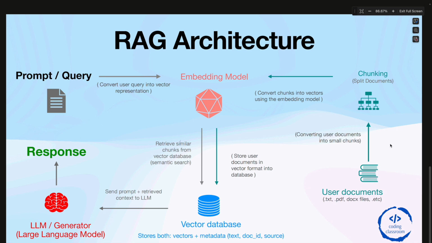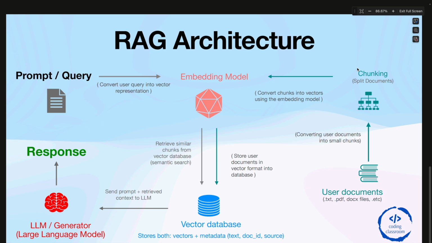So once again, let's go through the complete flow. When the user uploads the documents on which they want to talk with the chatbot, the server will create chunks of those documents. Chunking is basically splitting the documents into smaller parts.